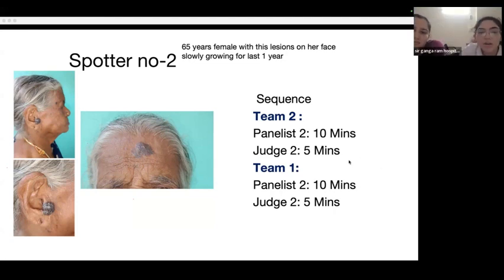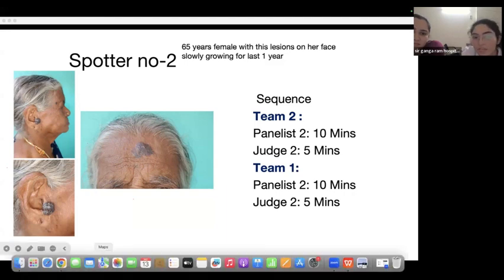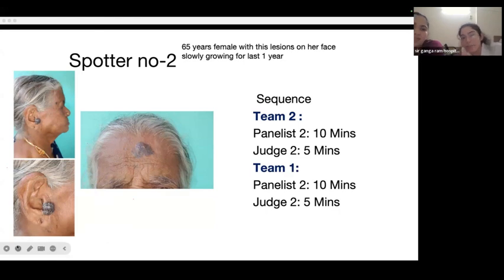The bilobe flap design, sir. Basically, it is a type of transposition flap where we create two lobes, one to fill the primary defect and another smaller lobe to fill the secondary defect, sir. For the designing and planning of the flap, we have to mark the circumference of the lesion, and we have to mark the diameter, and at 45 degrees from that diameter, I want to create another lobe of the same radius.